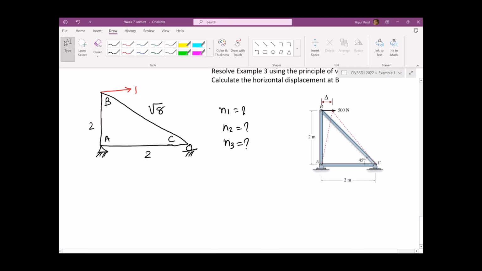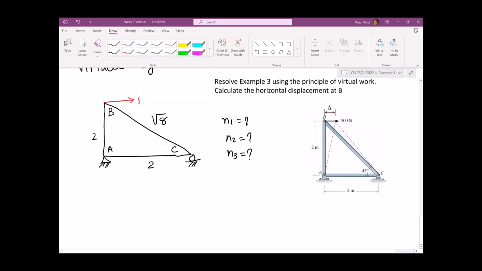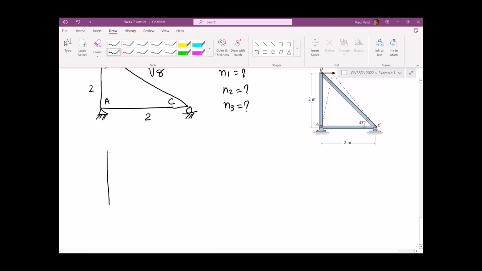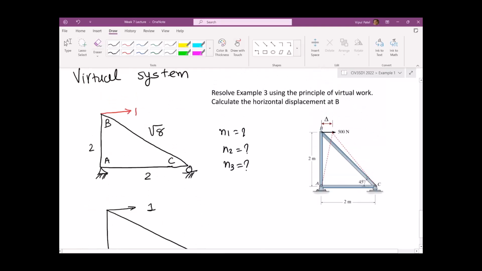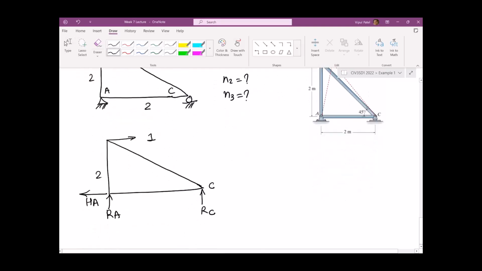So let's do the same thing. Let's draw the free body diagram first in the virtual system. So this is C, RC, this is RA, this is HA, this is 1. By the way, there is no unit for the virtual load. 2, 2, square root 8. Sum of the moment at A equal to 0, anti-clockwise is positive.